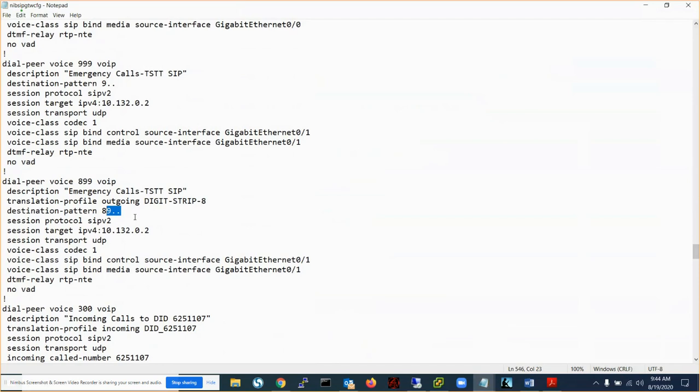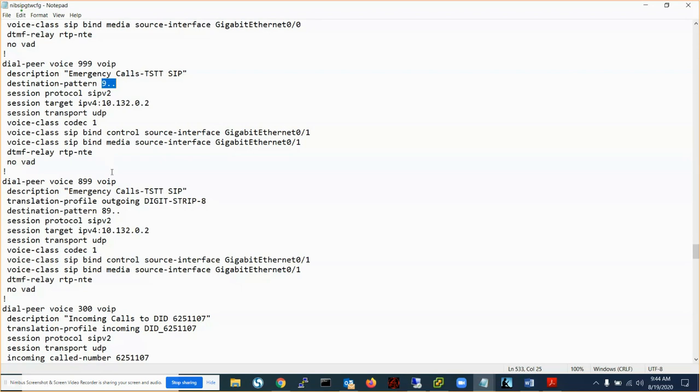Some people will just call 999. Let me say 990 is just fire. Some people just press 990, so I'm matching both. But if the person knew they had to dial 8 first to go out, some people might call 8999. So I match both in case they press only 9 or they use the 8. I have a translation profile here telling it that once somebody presses 8, strip it.